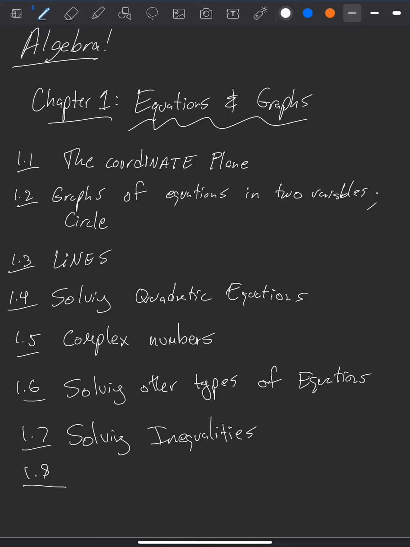1.8 is going to be talking about solving absolute value equations and inequalities. 1.9, which is the last section we're going to go over, would be based on solving equations and inequalities graphically.